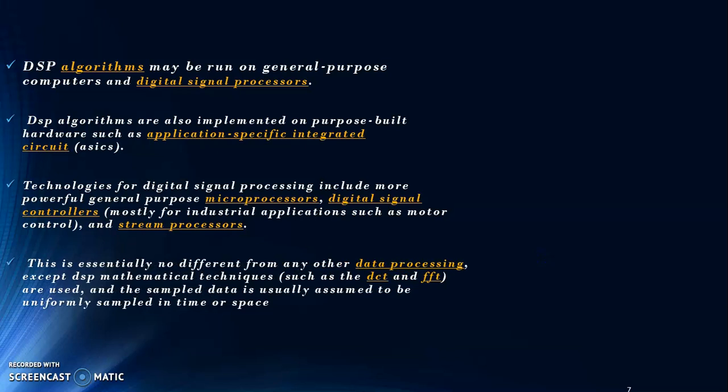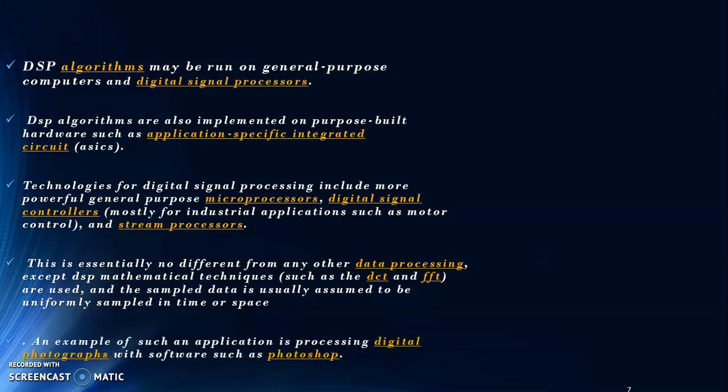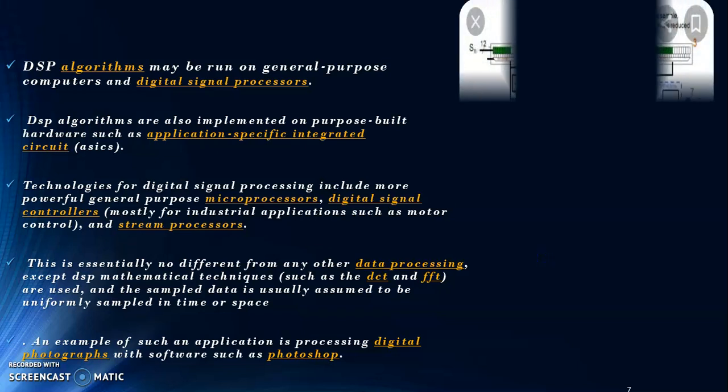This is essentially no different from any other data processing, except DSP mathematical techniques are used, and sampled data is usually assumed to be uniformly sampled in time or space. An example of such an application is processing digital photographs with software such as Photoshop.